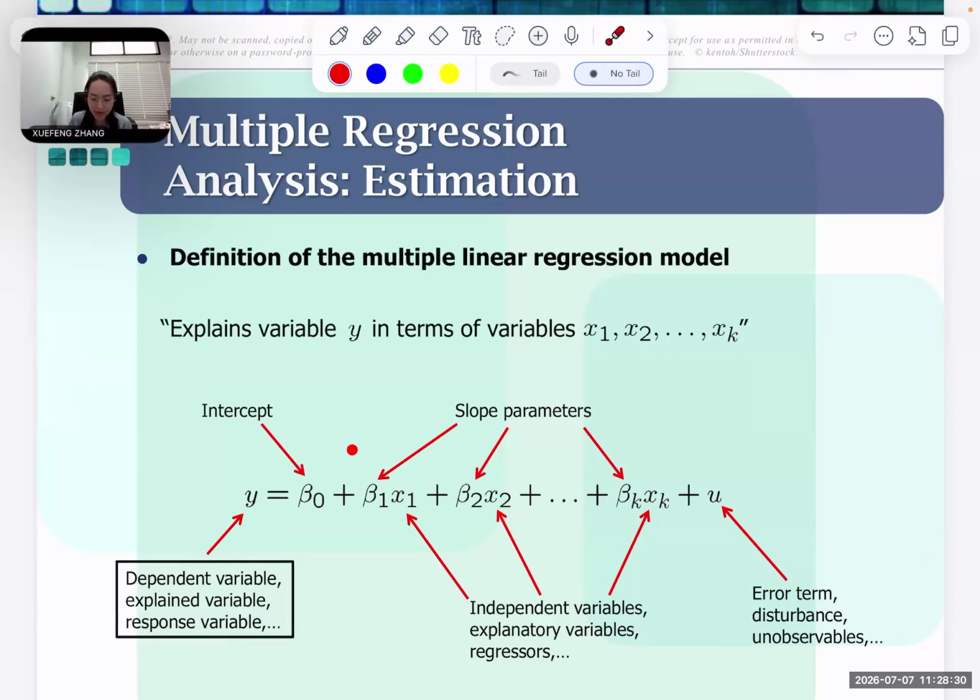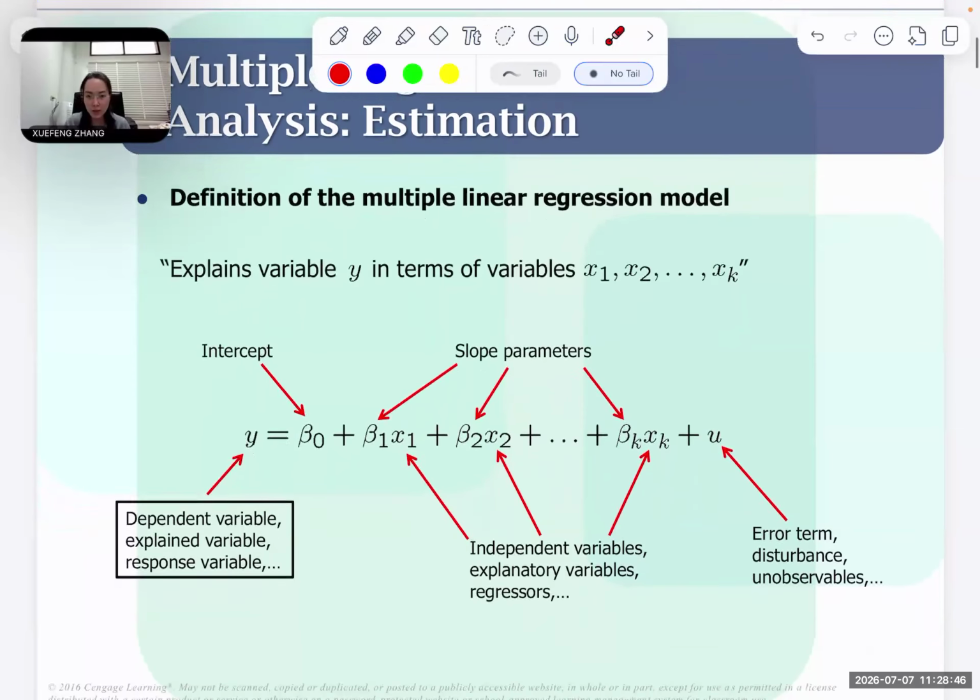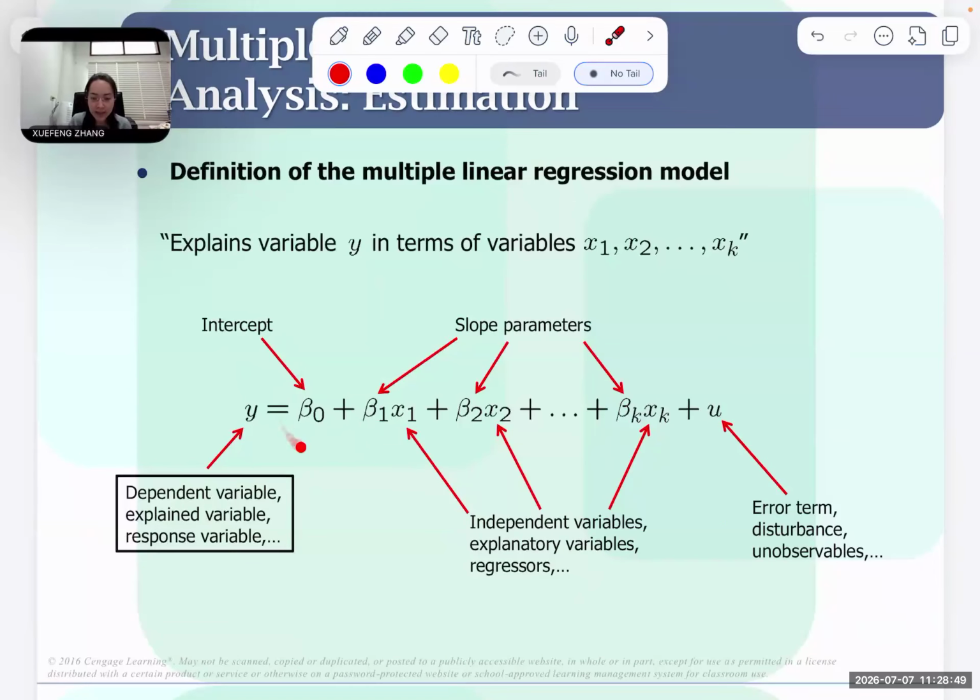Look at the equation here. Y equals beta 0 plus beta 1 x1 plus beta 2 x2 plus all the way through to beta k xk plus mu. Same as before, beta 0 is the intercept, okay?